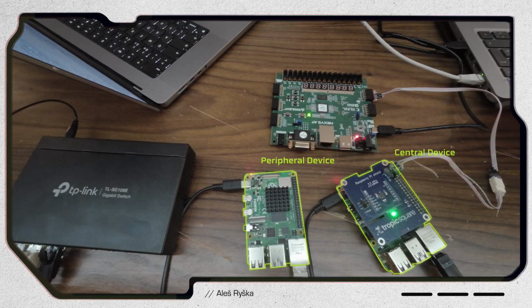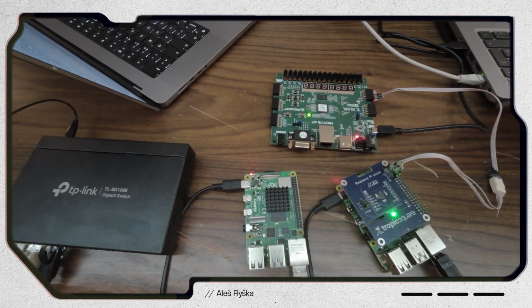Which secure element will be used, you can specify with switches at the start of the central device, and then the game can begin. The random number specifies the starting position and shape of each element of this game.